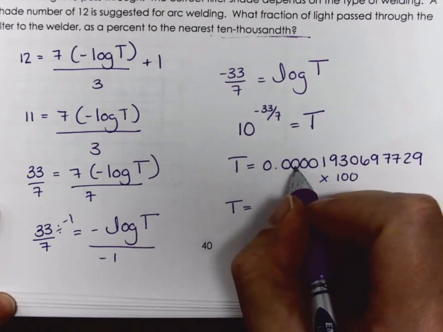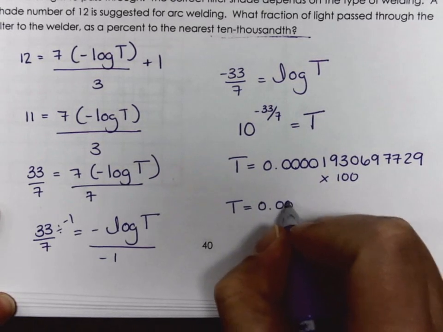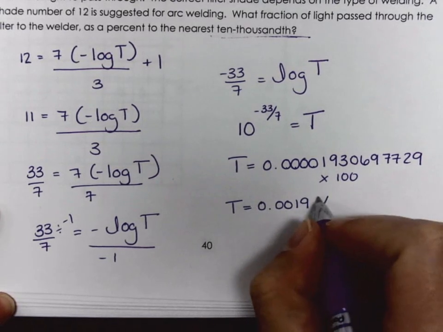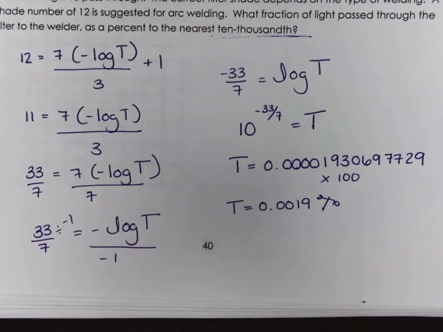So tens, hundreds, thousands, 10,000. So 4th decimal place. And I need my percent symbol, and there you go. So that's just a little bit of light that gets through, a little bit. So it's a very, very dark shade. And now you know what welders do.